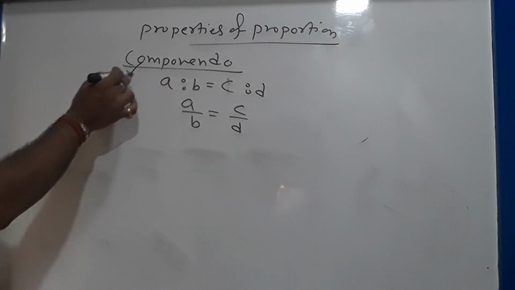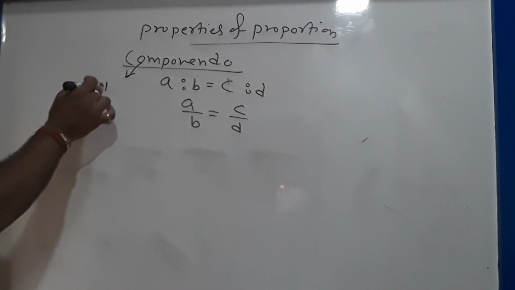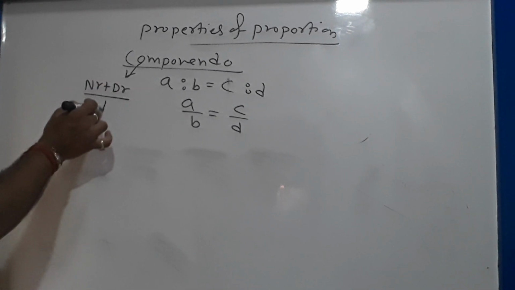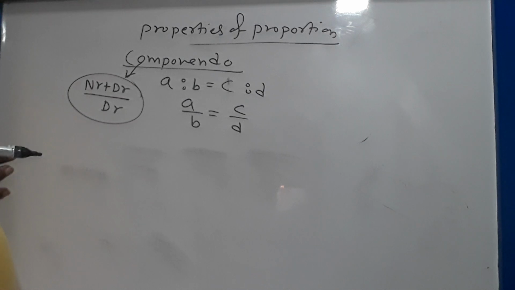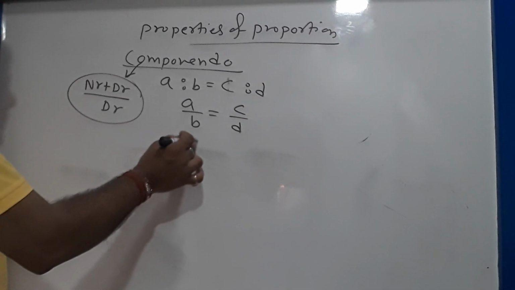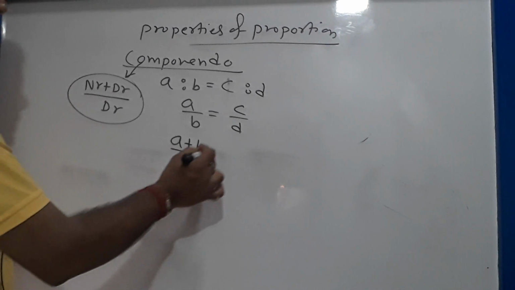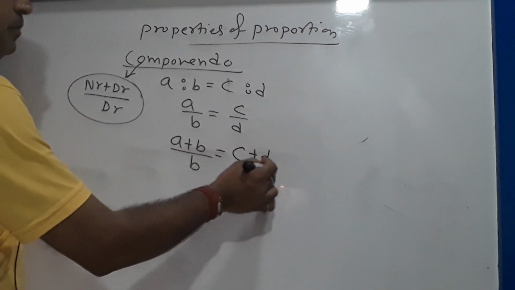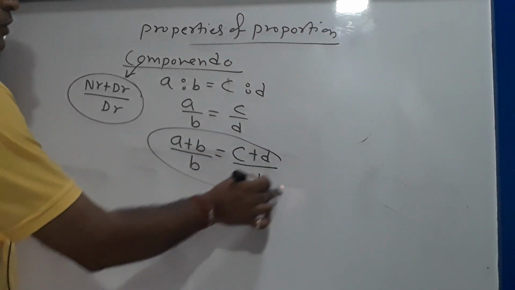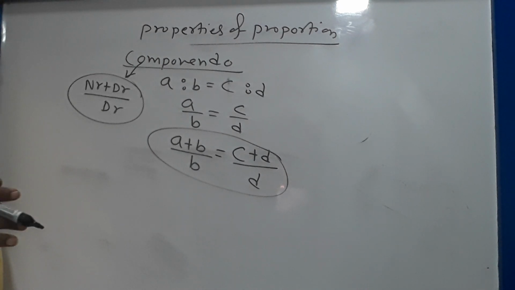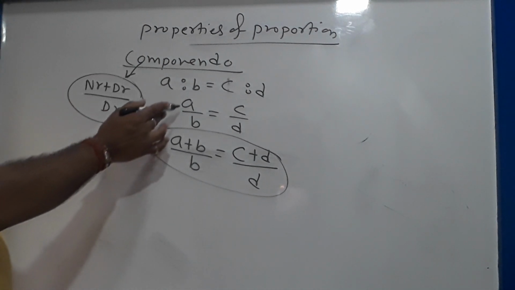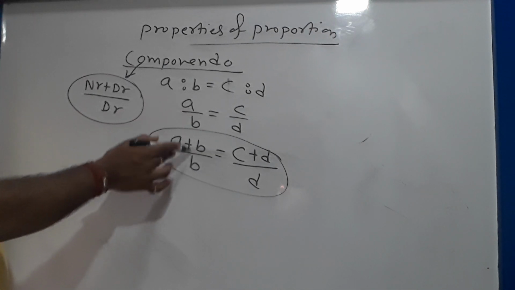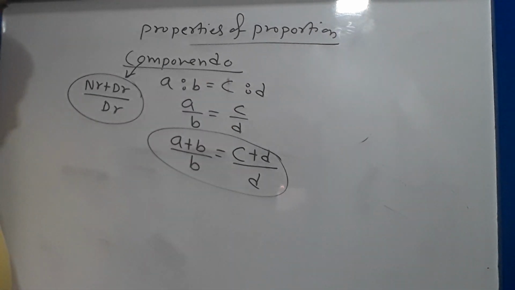So componendo will be of this form: numerator plus denominator upon denominator. So this will be A plus B upon B is equal to C plus D upon D. So using componendo we can add denominator in the numerator.